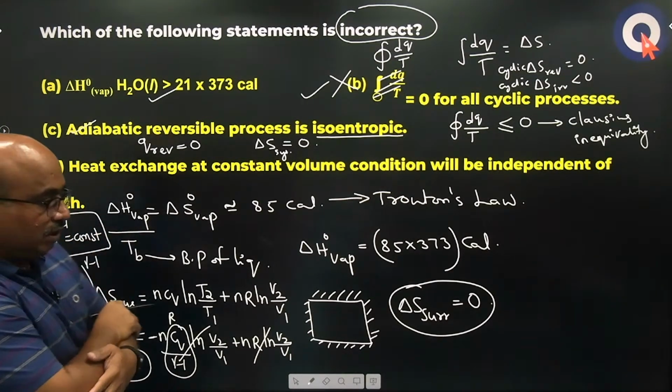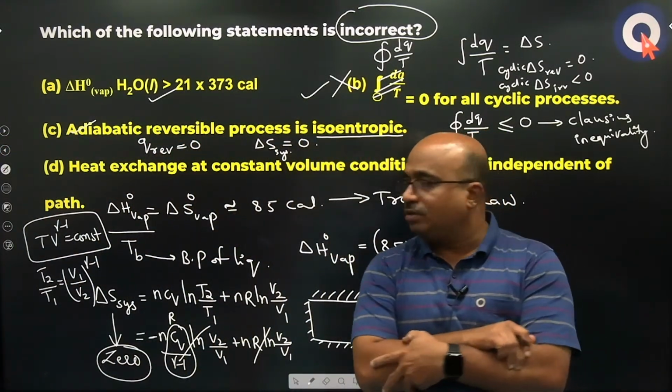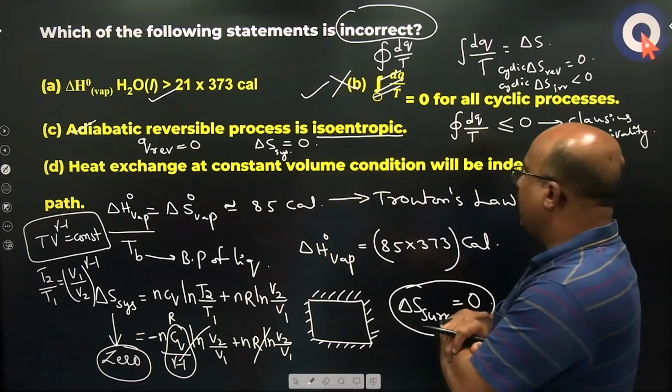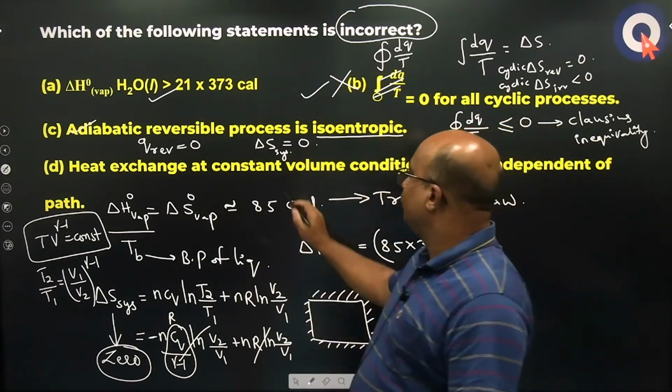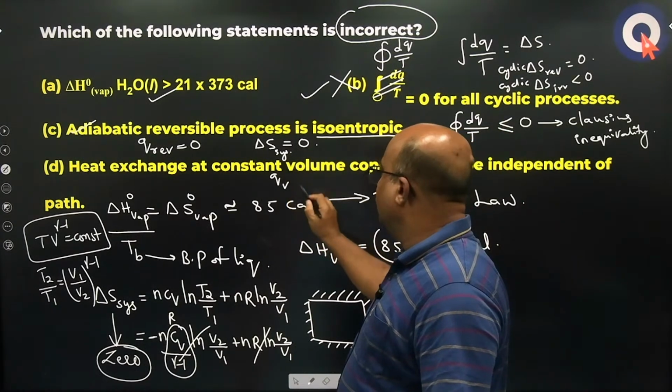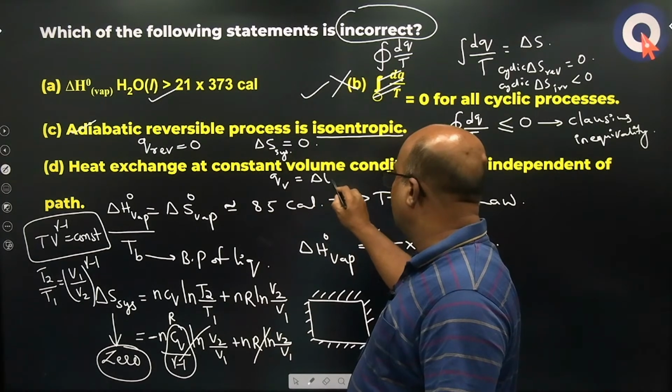The next, heat exchange at constant volume will be independent of the path. So QV, heat exchange at constant volume, is nothing but the change in internal energy.